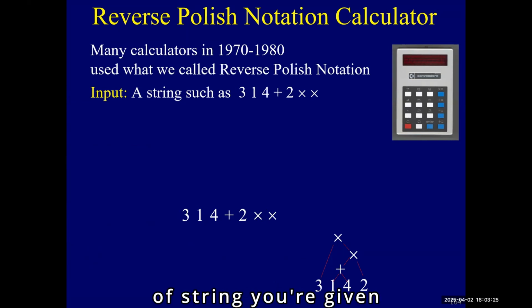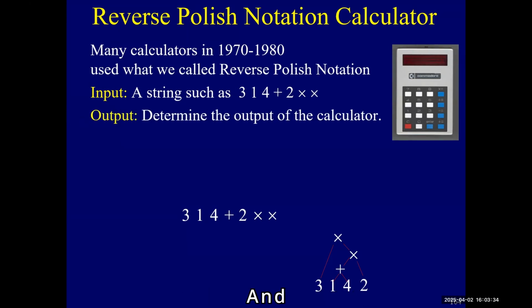This is the kind of string you're given in the test, in the assignment. I guess you're given it as a linked list just to make your life a little harder. And now what I'm asking is to give the result. What you're supposed to do is build the tree. So let's do it.